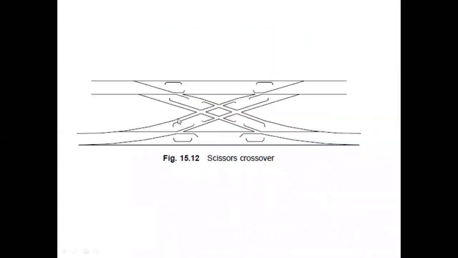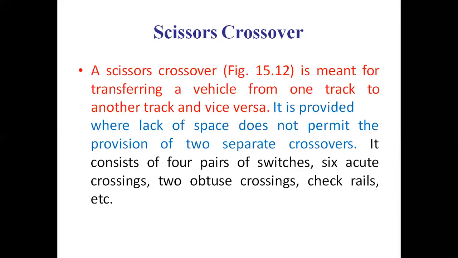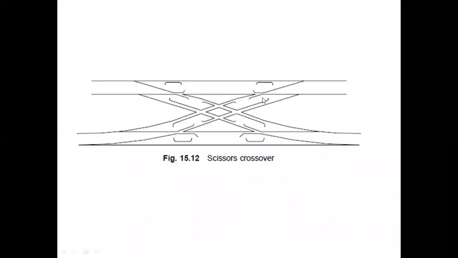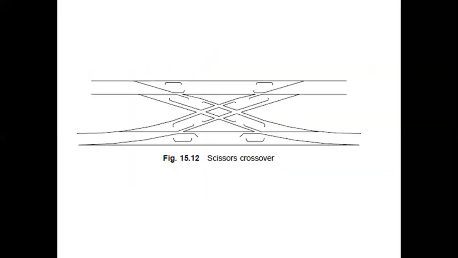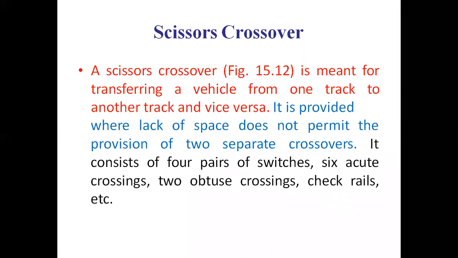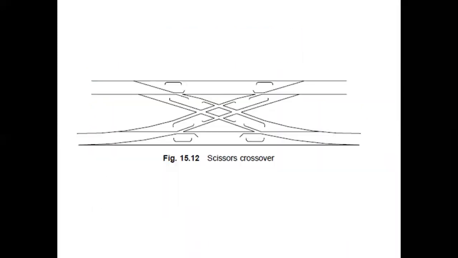There is a switch provided here and here and here and there. There are four switches provided on the two tracks of the scissors crossover, and acute crossings and two obtuse crossings and check rails are provided in the scissors crossover.